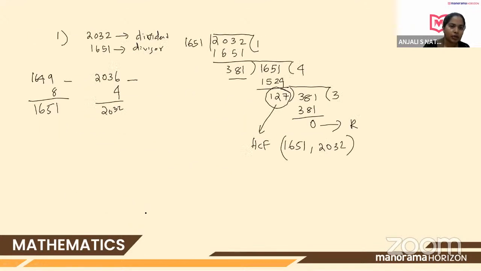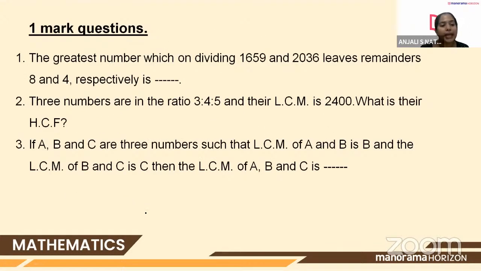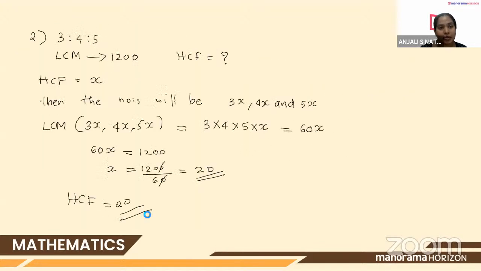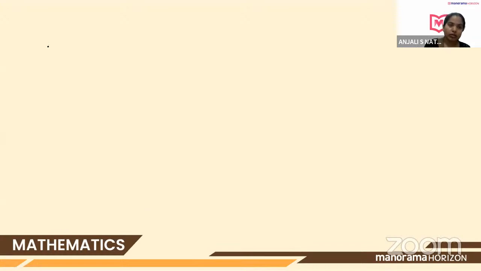Last question from the 1 mark questions. That is, if A, B, and C are 3 numbers such that the LCM of A and B is B and of B and C is C, then what is the LCM of A, B, and C? That is the question. So what are the numbers here?